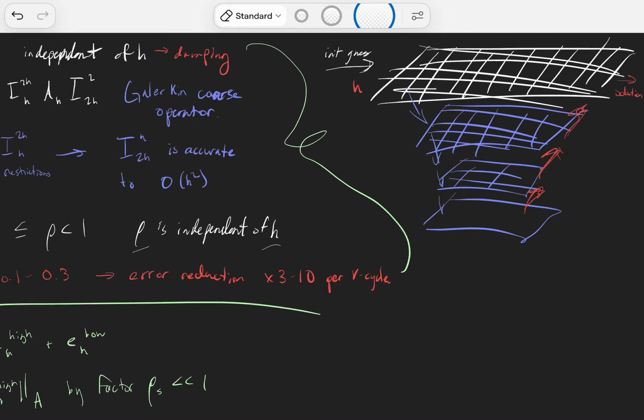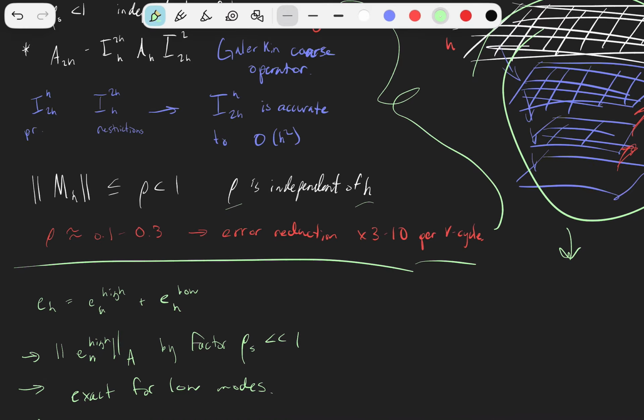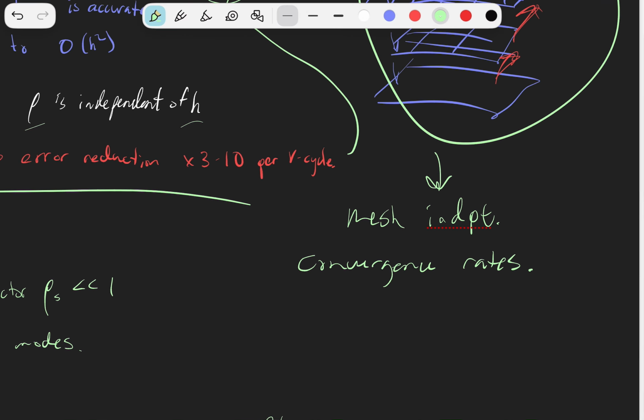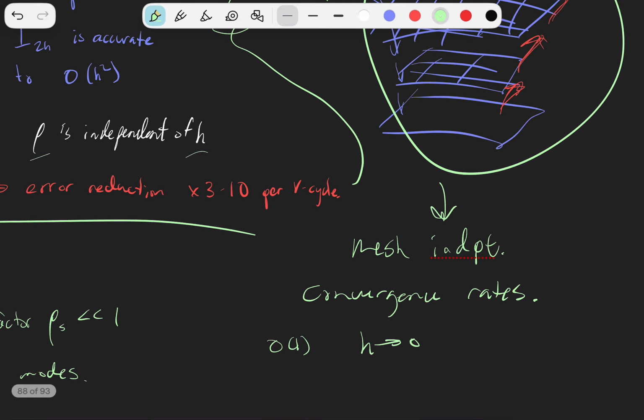Actually, wait, no, that's not true. So this whole idea means that, plus the theorem, for the V cycle we can have mesh independent convergence rates, and so to reduce the error by a fixed factor of order 1 as h goes to 0, that's the first thing that's important to figure out.